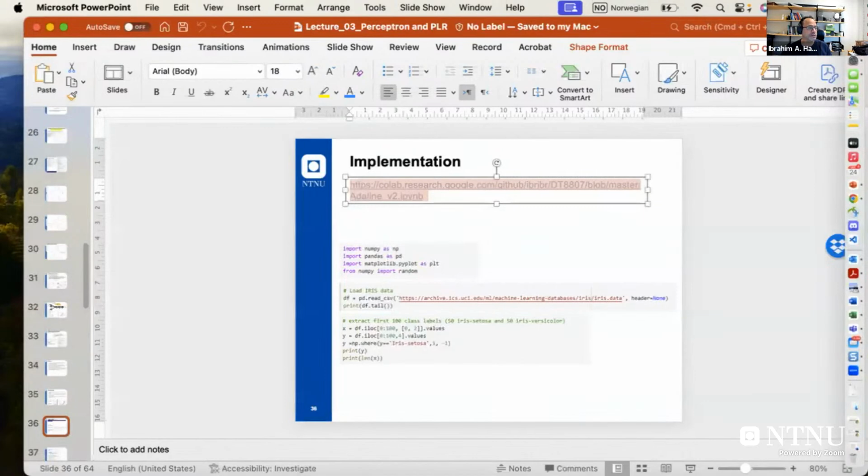Please go to this link and try to play with this example. We will take a 5 minute break until you open this link and play with it, and after that we can discuss it. Is it fine?